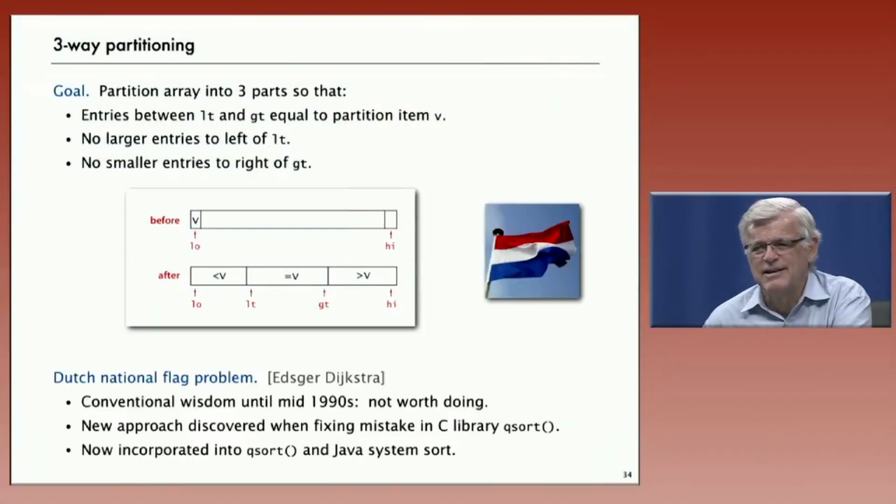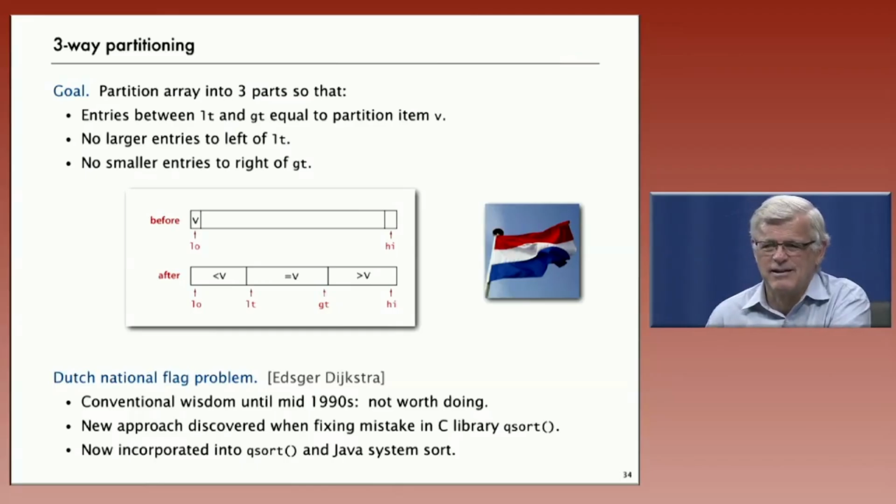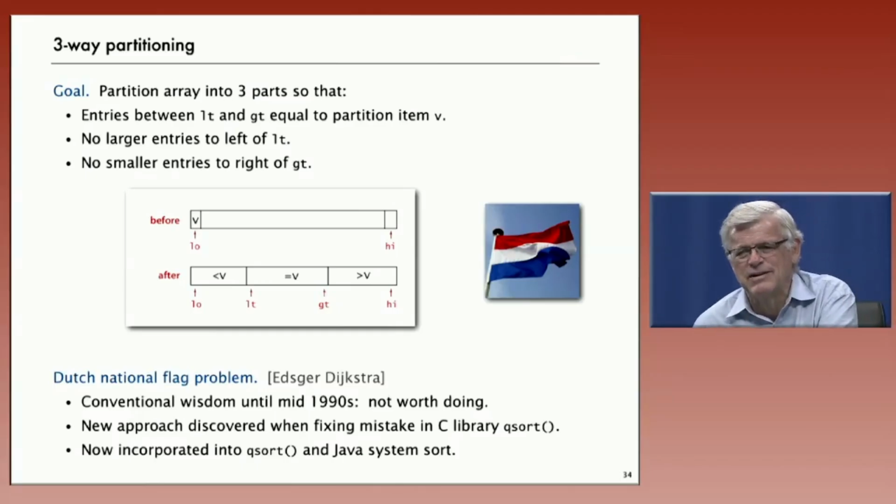Now, until the 1990s, conventional wisdom among people implementing systems was that it wasn't worth doing this. But it's a problem that Edsger Dijkstra had proposed in the 70s as an example of a programming problem. He was really interested in analyzing the correctness of programs and showing how you could convince yourself that a program was operating as expected.